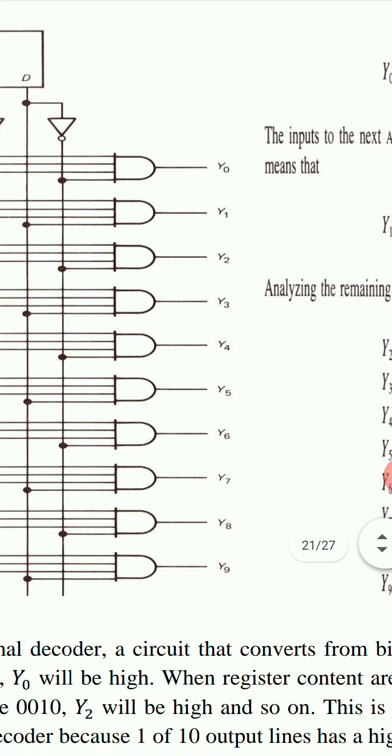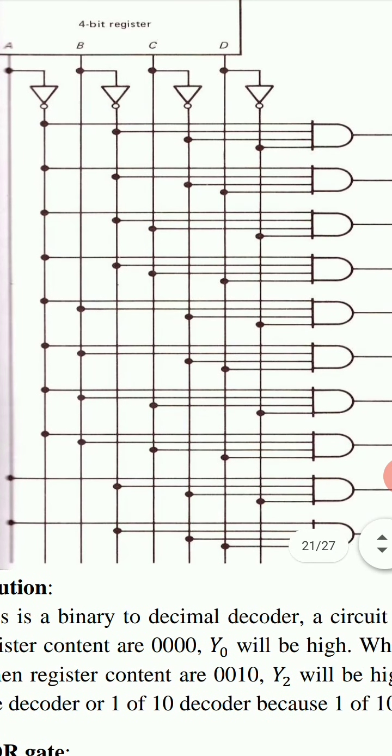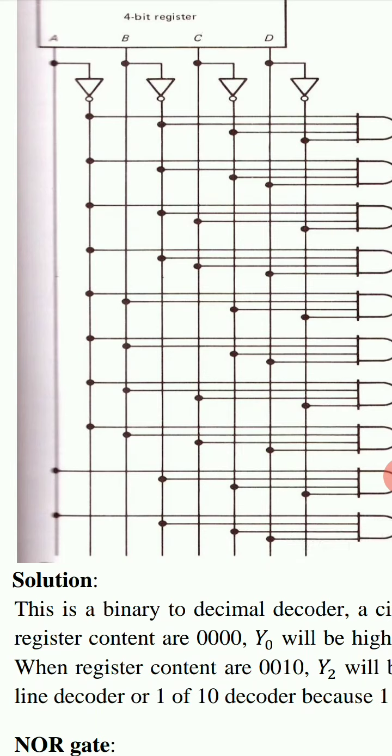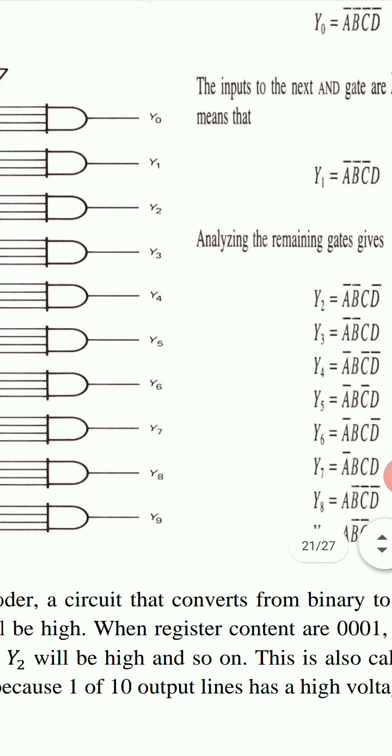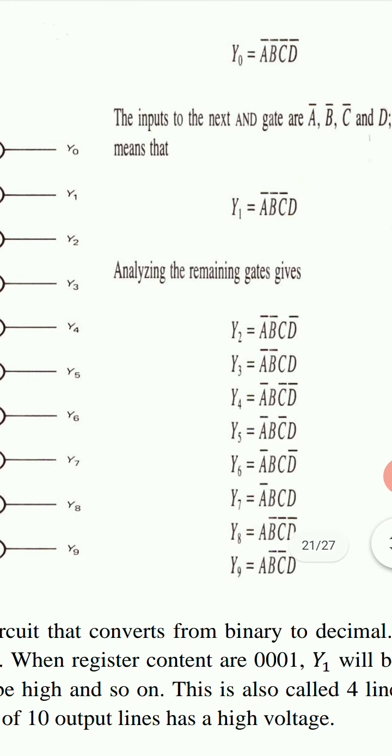Now if the input word is 0, A is 0, B is 0, C is 0, D is 0, what will be these outputs? If all A, B, C and D are 0, then output Y0 will equal 1. 0 bar dot 0 bar dot 0 bar dot 0 bar, that is 1 dot 1 dot 1 dot 1.